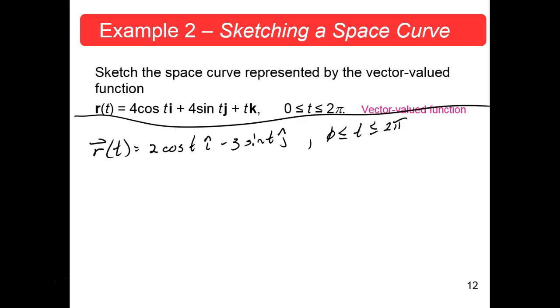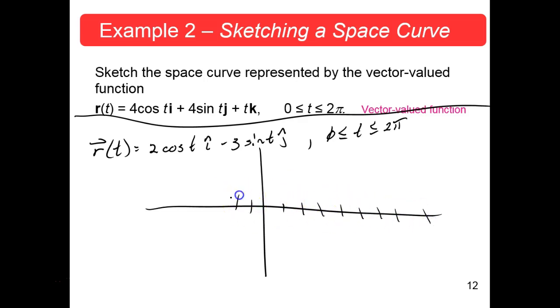Okay, that's the vector value function. We're supposed to sketch the plane curve represented by that vector value function. Probably won't need all those axes, but because I'm not willing to spend the time to figure out what I will need, I'll just draw them in here.